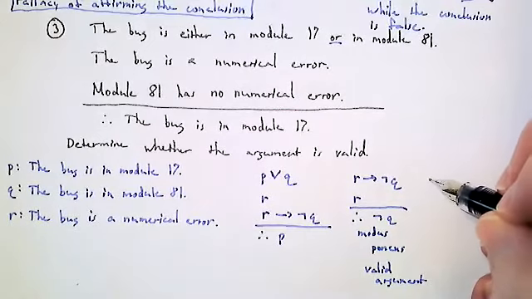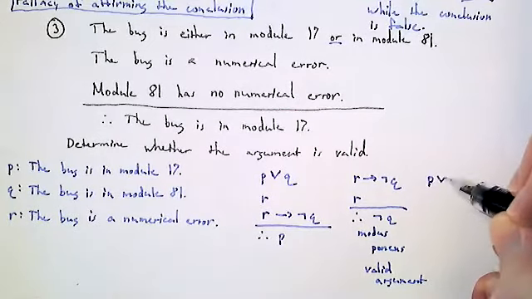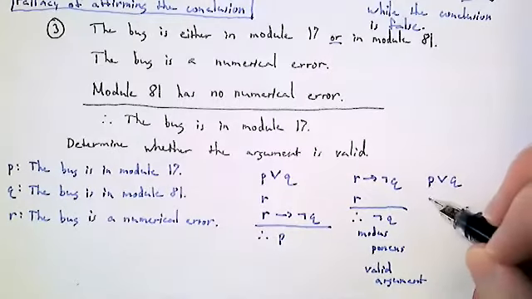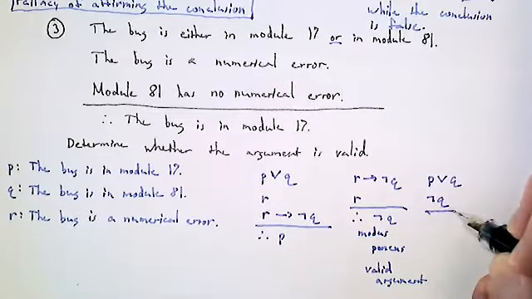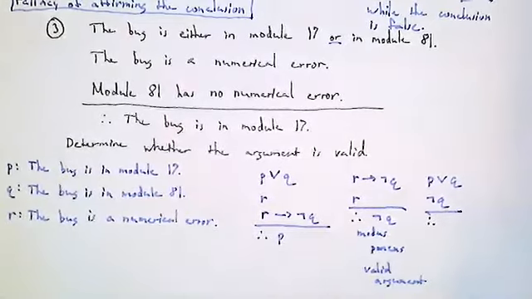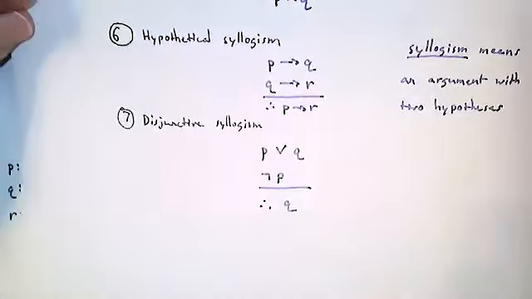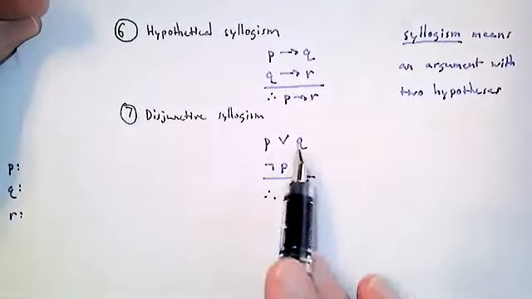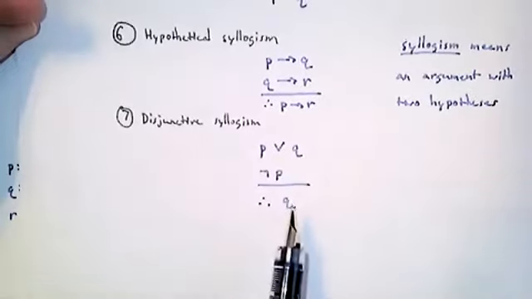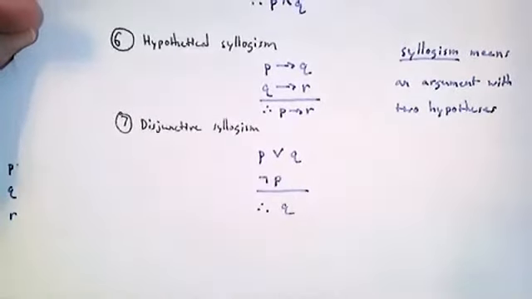So I can look at P or Q and this new hypothesis, not Q, which I also know to be true. And then I can conclude, if we go back to our rules of inference again, number 7, the or statement, you say that one of them is false, and then you conclude that the other one must be true.